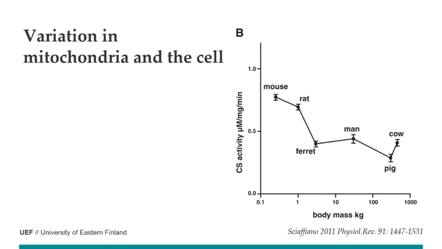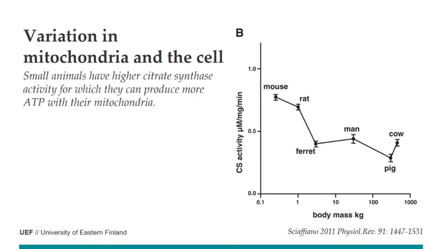But because they have a different amount of oxygen use, there's also a different amount of mitochondrial enzymes. So in these small animals, they have much higher citrate synthase activity. That's why they can produce more ATP with their mitochondria.